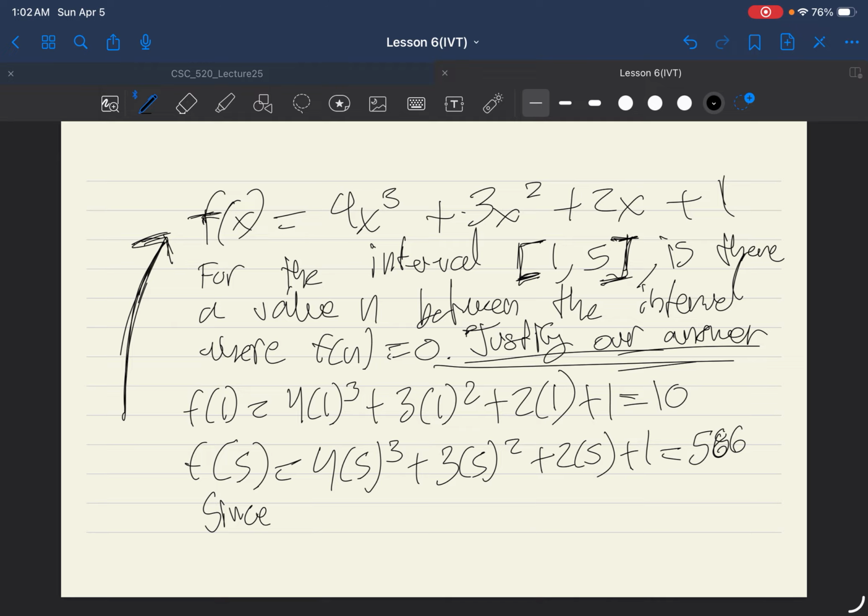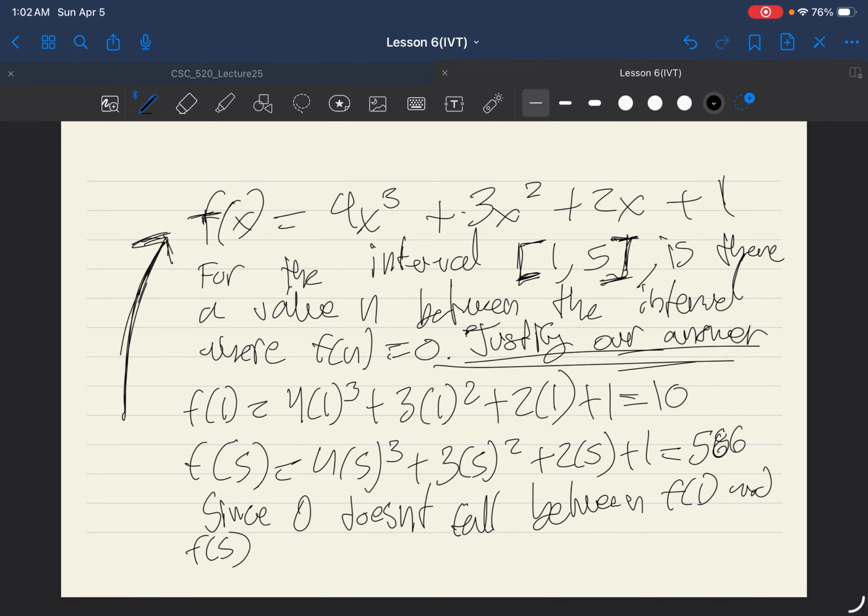Since 0 does not fall between f of 1 and f of 5, this is me justifying the answer. Usually it'll ask you to justify your answer if it's proven, like, is there a value n?